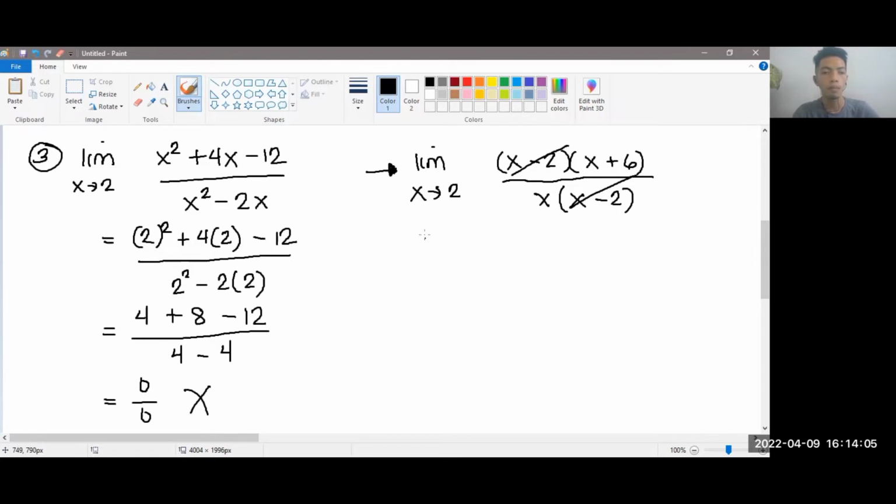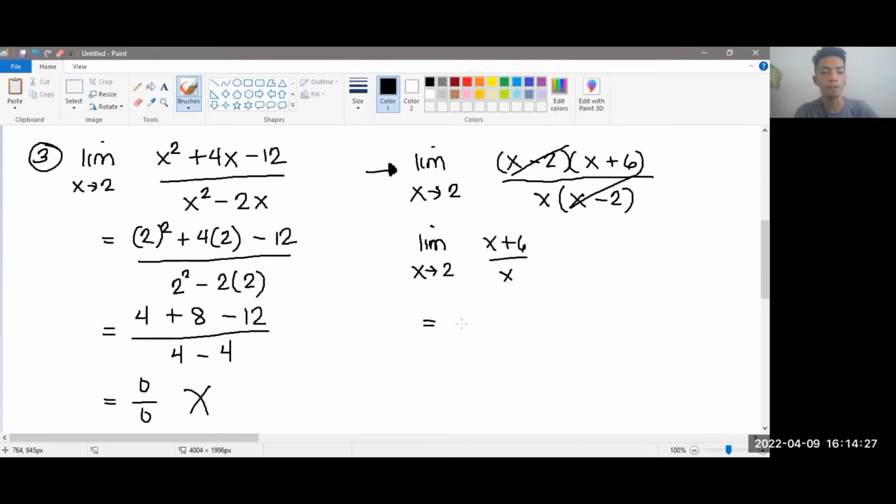So that, we will have the expression: the limit of (x + 6) over x as x approaches 2. So, babalik ulit tayo sa substitution or plugging in of 2, pina-plug in natin yung 2 dun sa x.